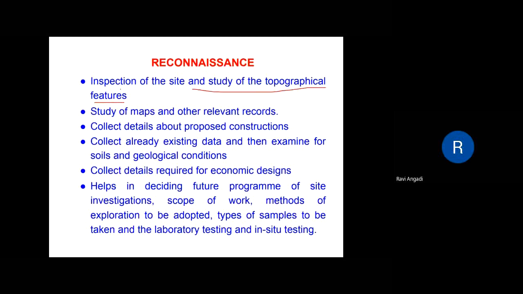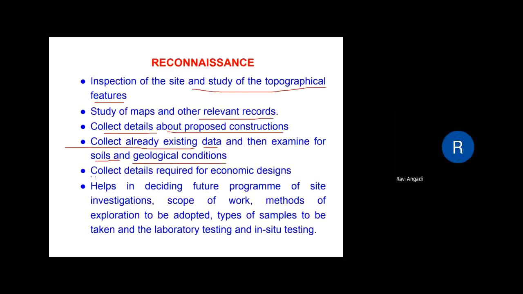He should also study maps and other relevant records, and collect details about the proposed construction, that means what structure he is going to construct. He should get all the details about the proposed construction, and also collect already existing data, if data exist from previously, and then examine the soils and geological conditions.